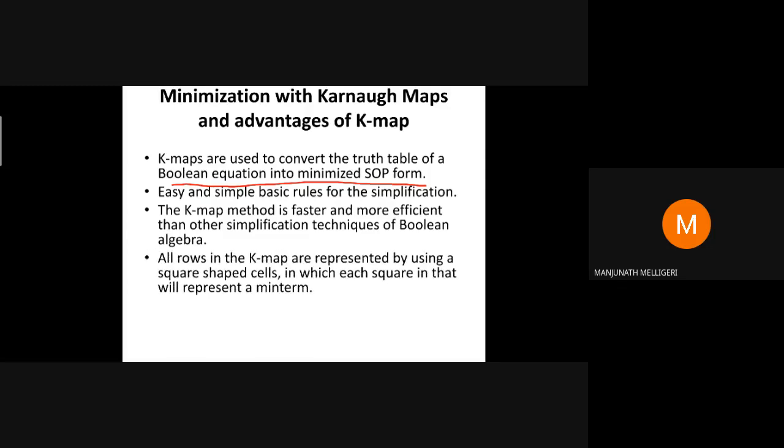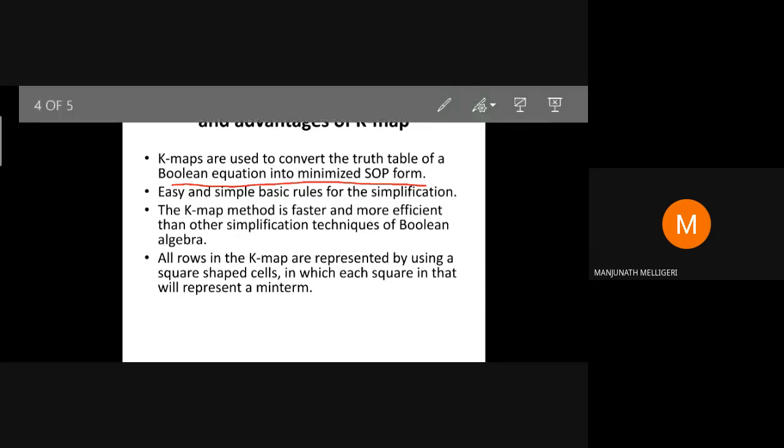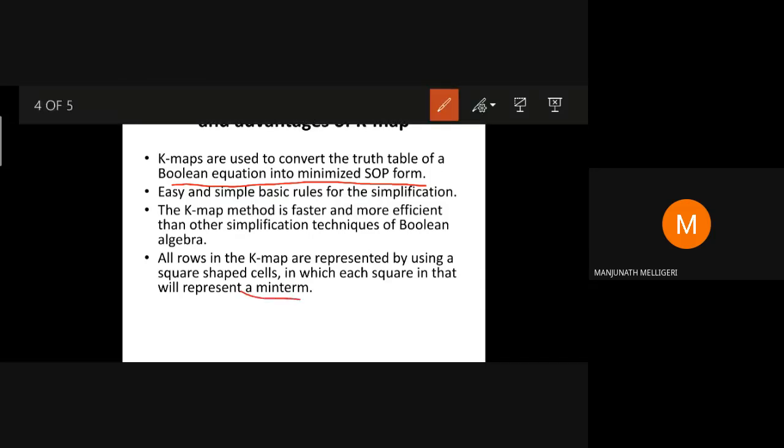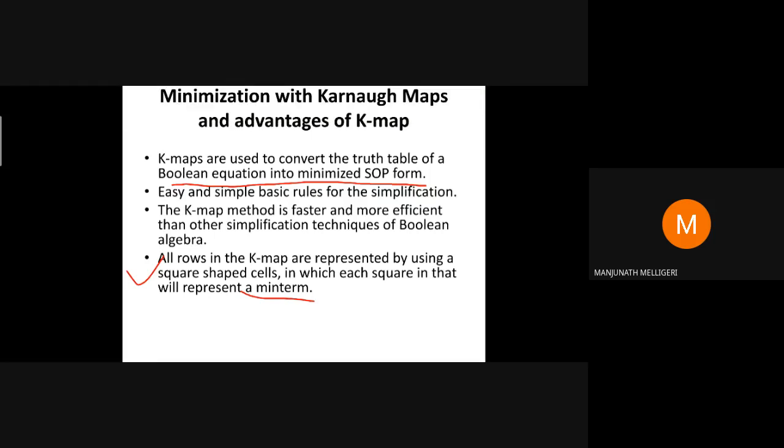All cells in the K-map are square-shaped, and each square represents a min term. This point you can remember, we'll explain once we go with the drawing of K-maps. Next, it is easy to convert a truth table into a K-map and a K-map to SOP form equation.